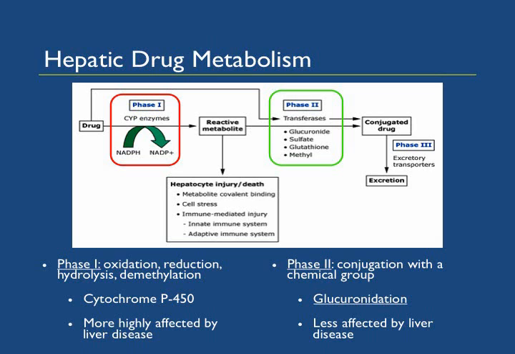The main function of phase 1 metabolism is to prepare the parent drug to be in the correct chemical state so that it can undergo phase 2 metabolism and subsequent excretion. Phase 1 metabolism is highly affected by liver disease. Phase 2 metabolism involves conjugation with a chemical group and includes reactions such as glucuronidation. Phase 2 metabolism is less affected by liver disease.